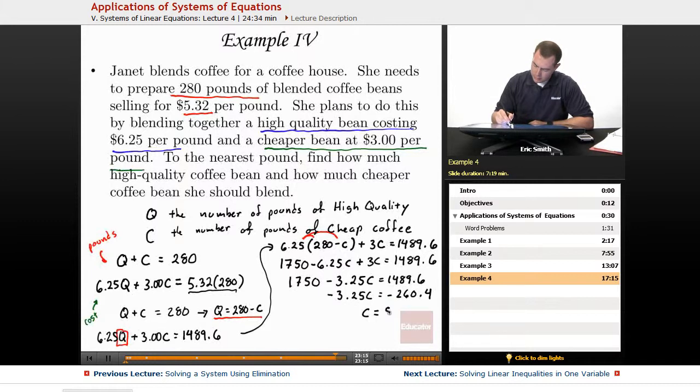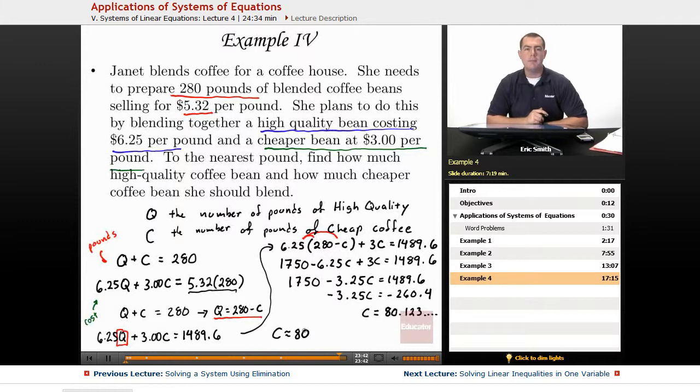All right, so I'm getting 80, and then something after the decimal, 1230769. It really just keeps going on and on. So I can see that I'm going to have just a little bit more than 80 pounds. But we want to round this to the nearest whole pound. So what I'll say is that C is about equal to 80 pounds.